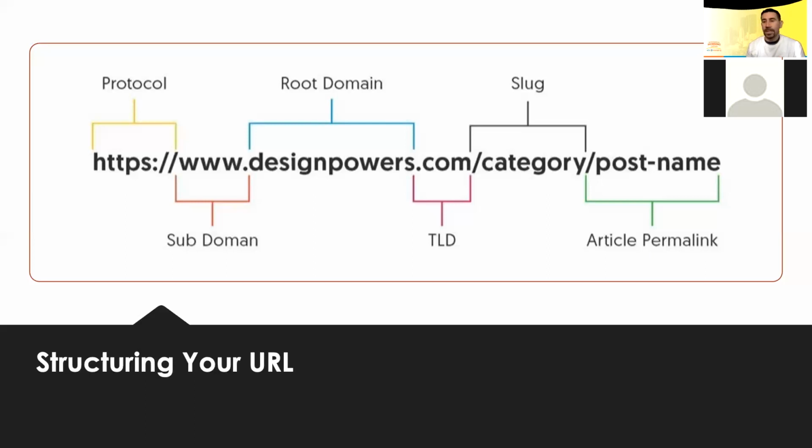For numbers after the root domain, also try avoiding using them altogether. So if it's not your business name and you're writing a post, try not to use numbers if possible. Think about people when they're searching for something online.